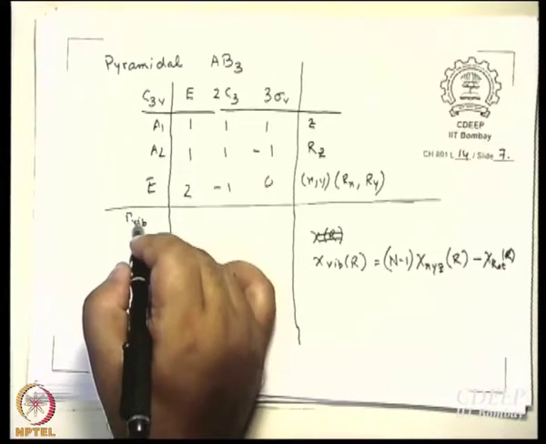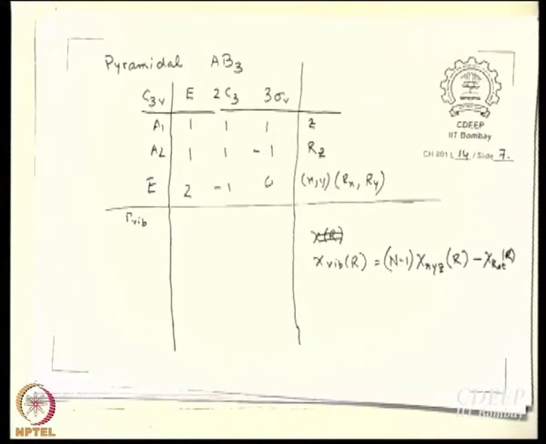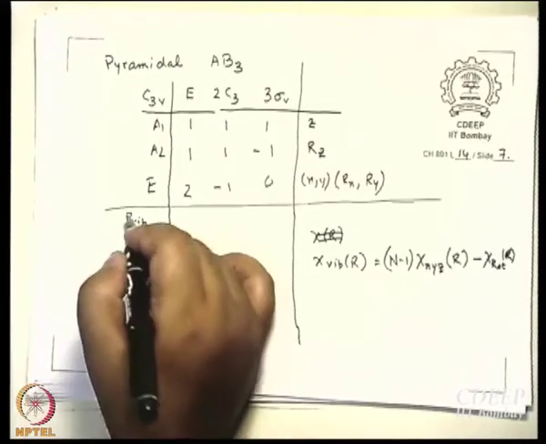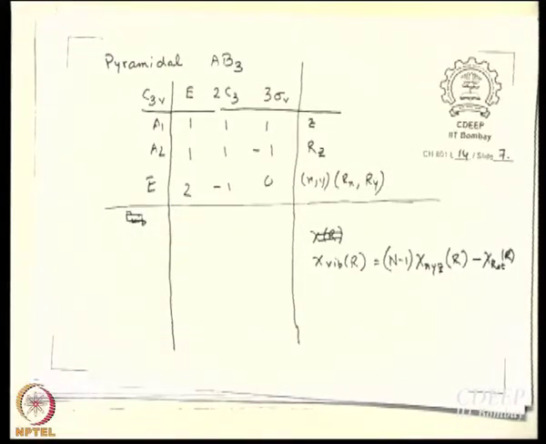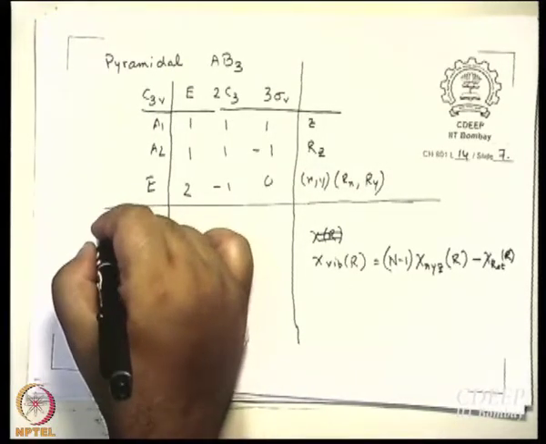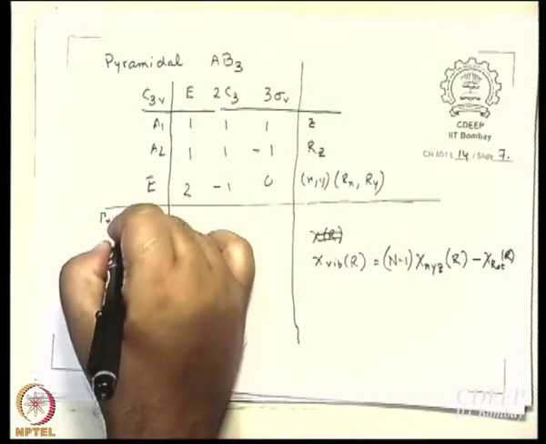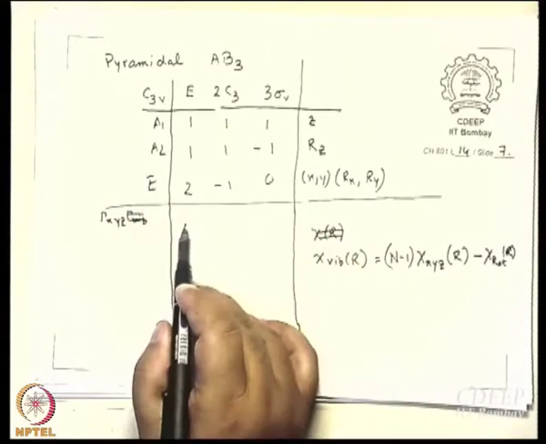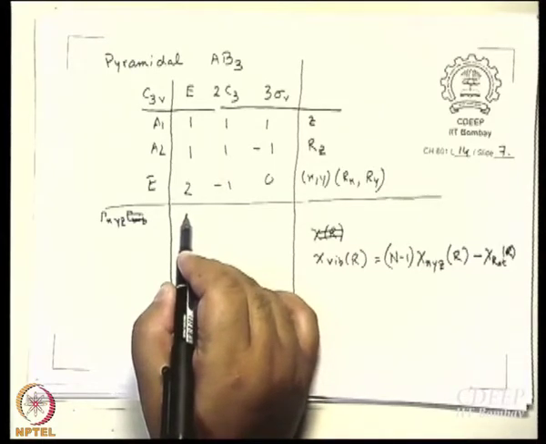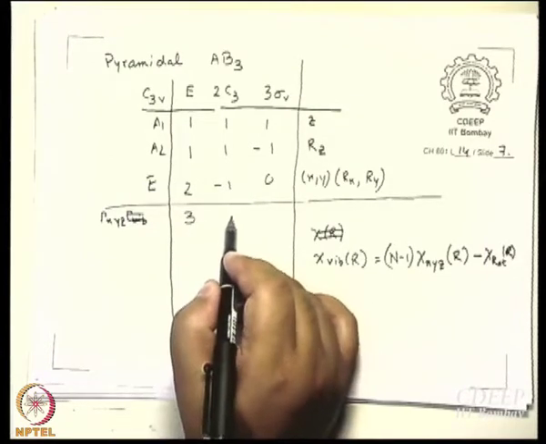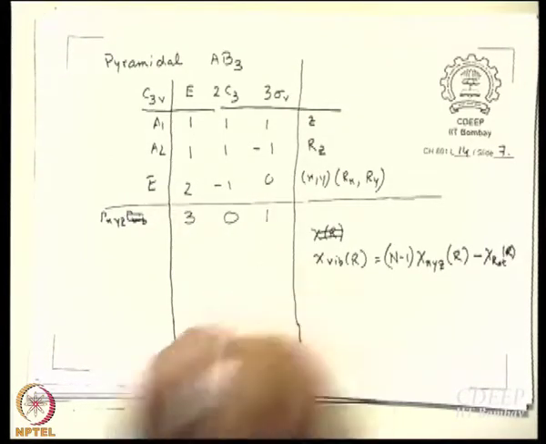So, instead of trying to write gamma vib first, we can do it in steps. What is your gamma xyz? Write that. Gamma xyz, what will it be? Tell me quickly. 4, 3, 0, 1.